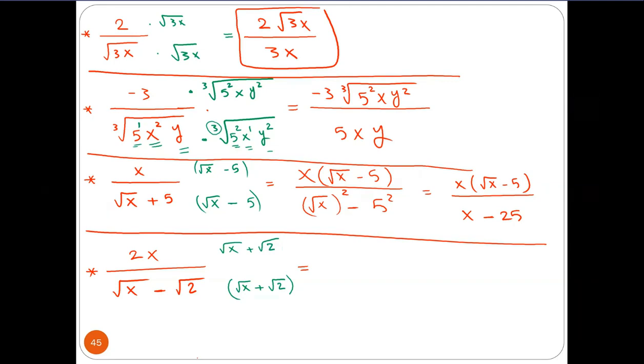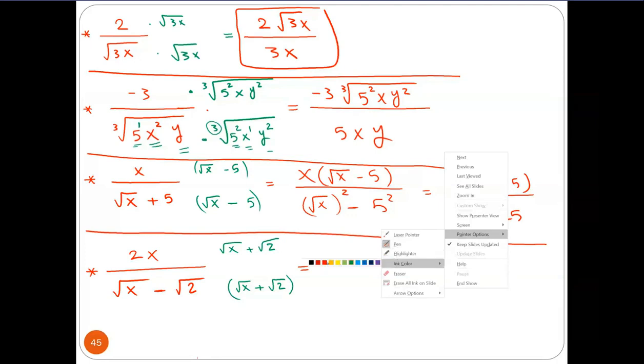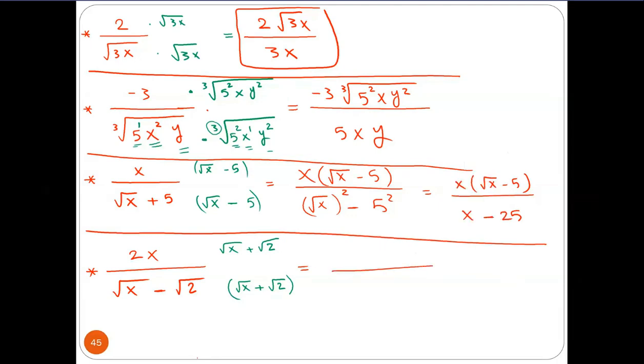كثير من الطلاب بيضربوا فقط المقام وهذا خطأ كبير. احنا بنضرب البسط والمقام عشان ما نغير قيمة الفراكشن. So the value here equal the first square, radical x square minus radical 2 square, and we have 2x multiplied by radical x plus radical 2.